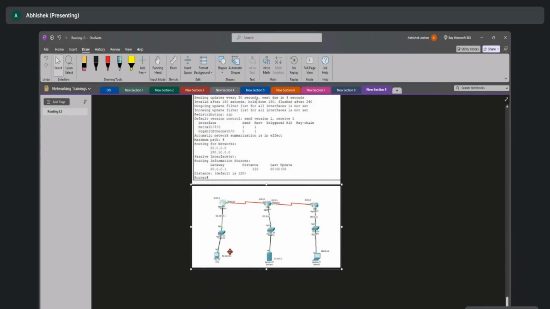We are connecting this device to a switch, and the switch is connected to the router. Here we have a server which is connected to the switch, and the same is connected to the router. These all are in the RIP protocol, and if you see the IP addresses here, 192.168.10.0, this whole segment is within one network only.